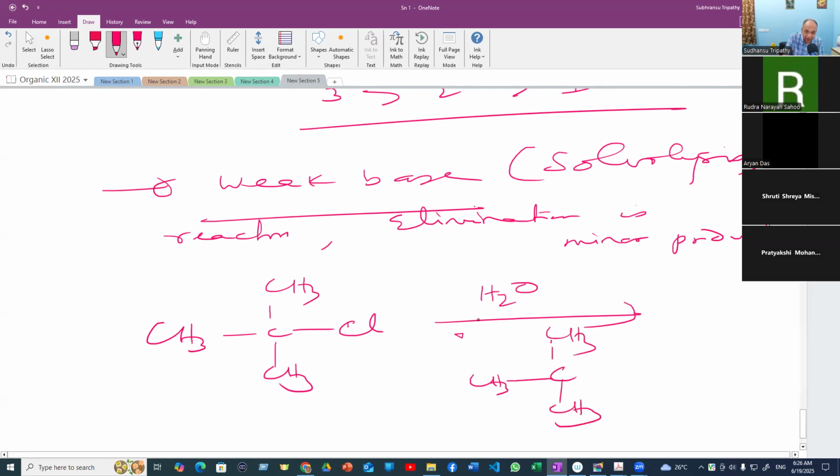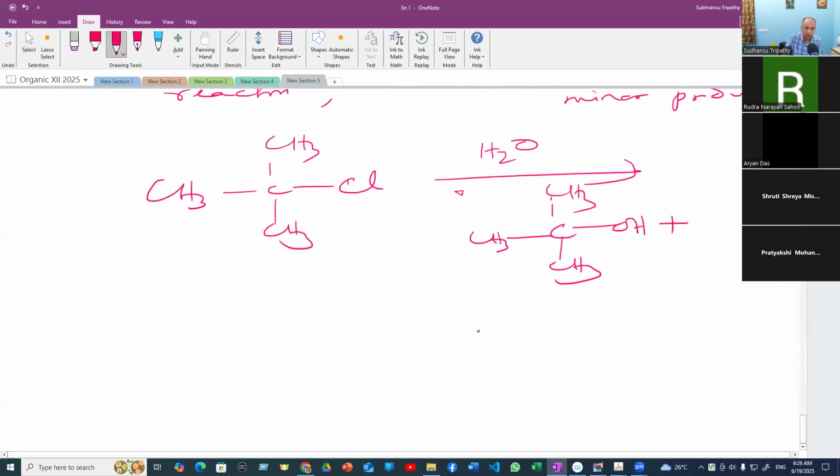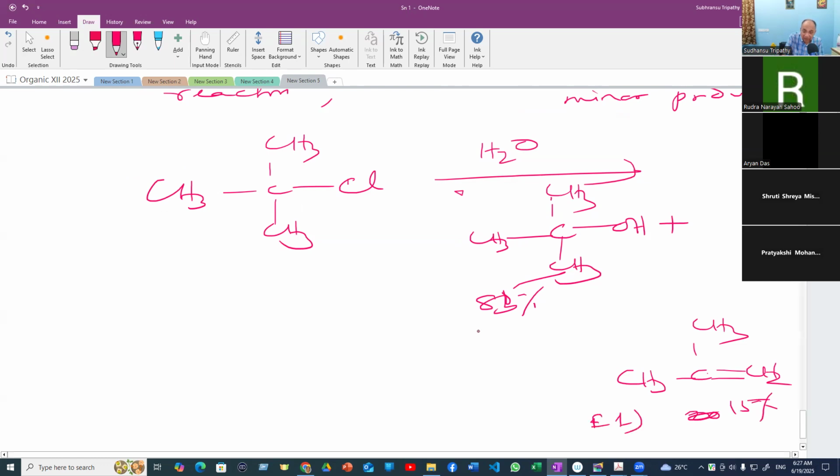More than 80% will be alcohol, and supposing I don't check out the actual data, say I write 85%, and the remaining will be the elimination, sorry, 15%. This takes place by the E1 mechanism.